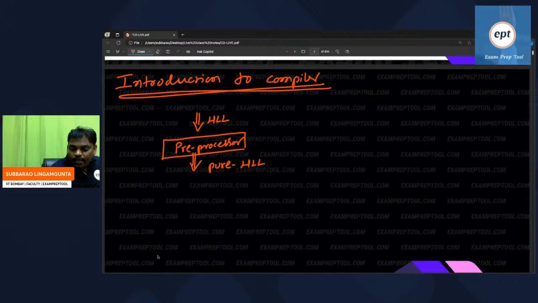Like pure ghee. Previously high level language, now also high level language only, but pure high level language, like pure ghee. Sometimes because of this incident, I want to explain to everyone.